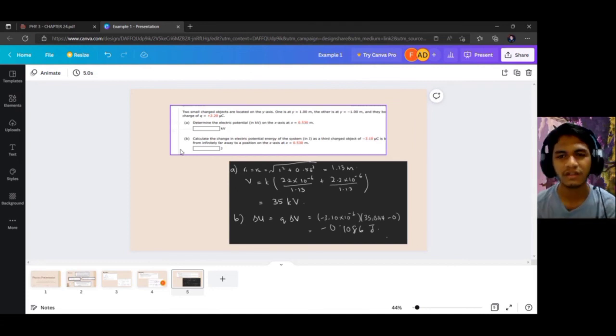First, the charge is negative 3.10 times 10 to the power of negative 6. Then delta V is the V that we got earlier, roughly 35,044, minus 0 because infinitely far away we assume it is 0. Then we calculate, and we will get negative 0.1086 joule.